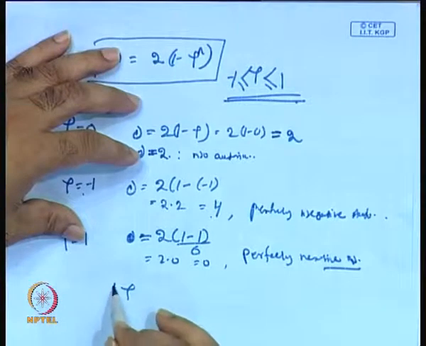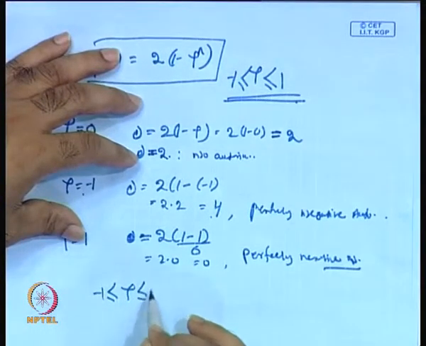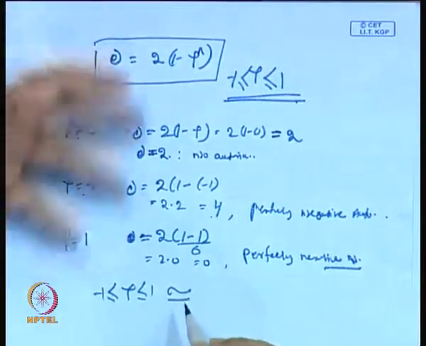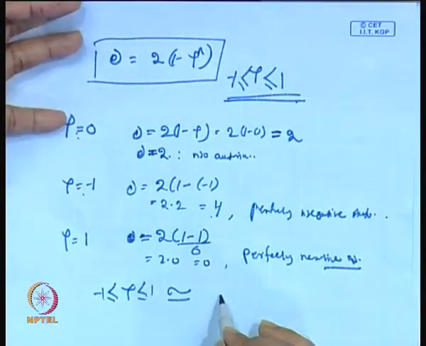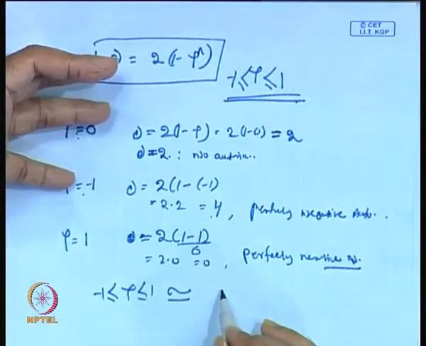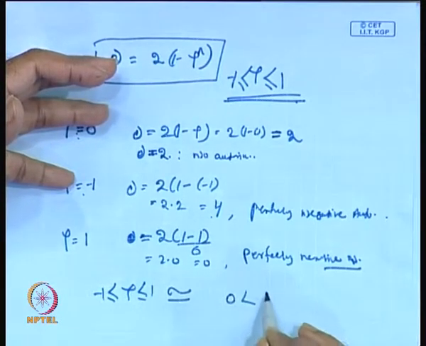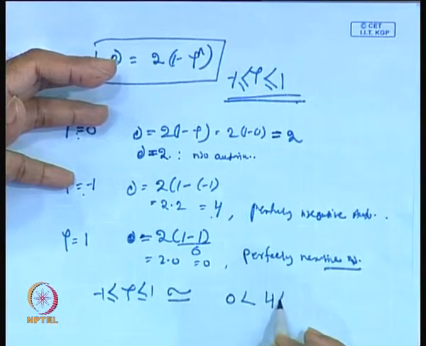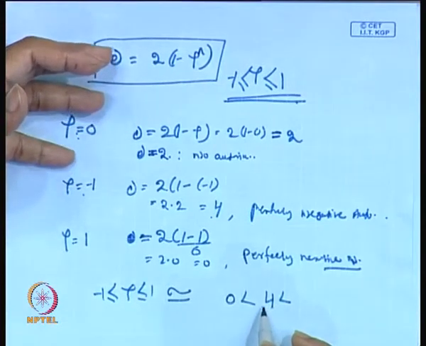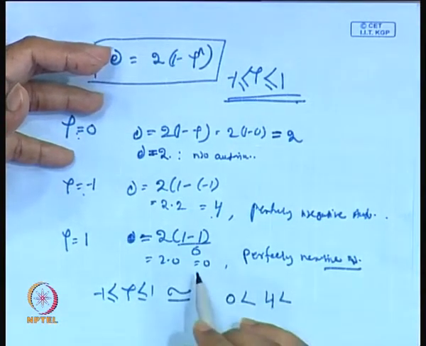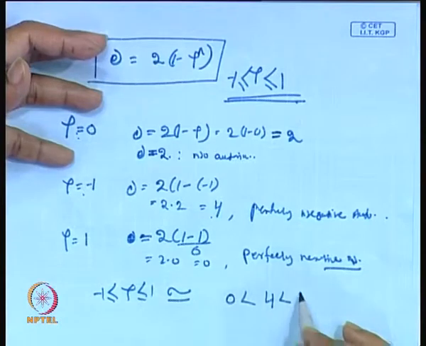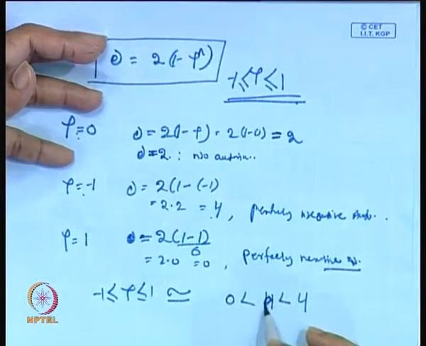So now the way the autocorrelation coefficient ranges between -1 to +1, if you simplify in terms of d, then d ranges from 0 to 4. So this will be the d value.